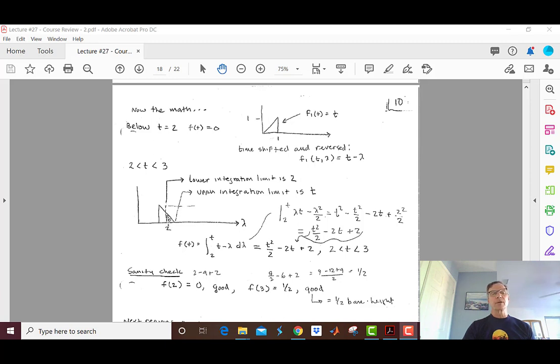So our lower limit of this integration is 2. And our upper limit of integration is where the nose of the triangle is, which is t.